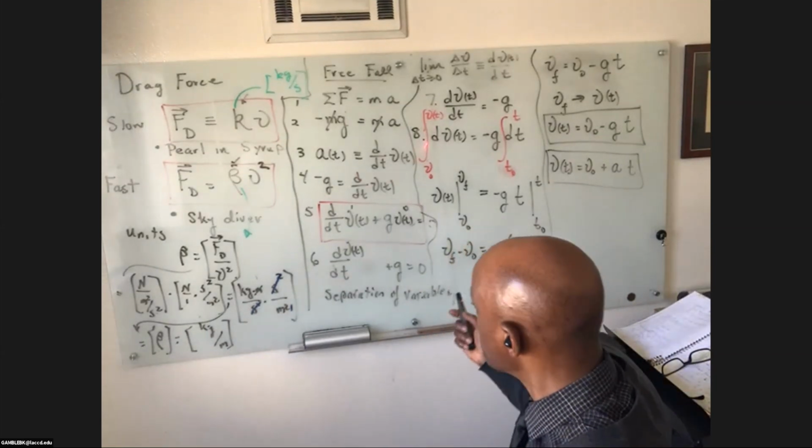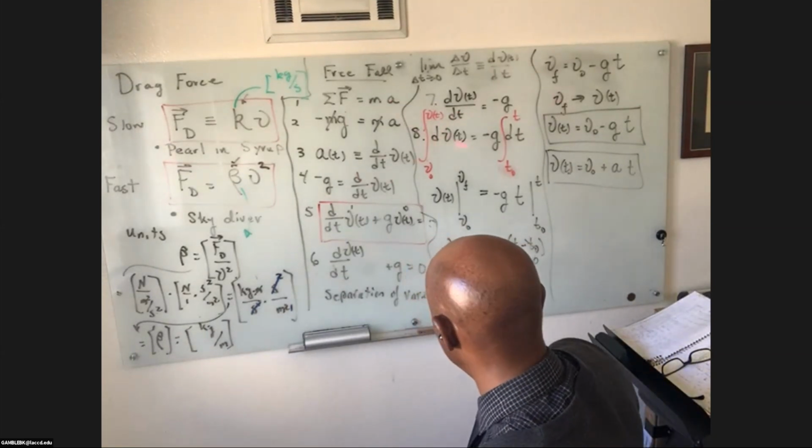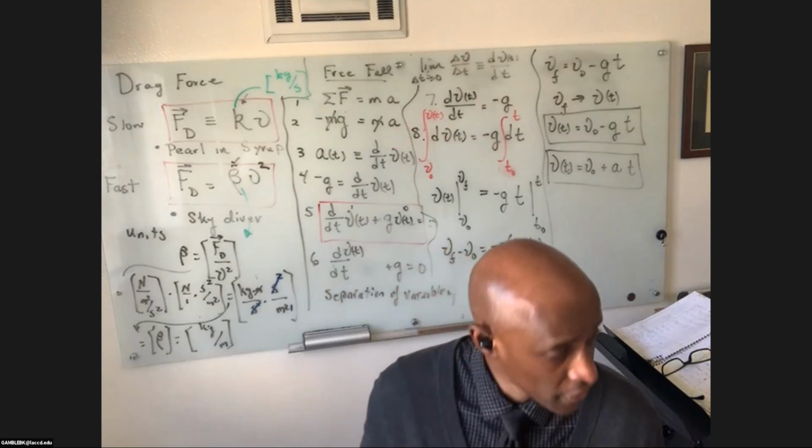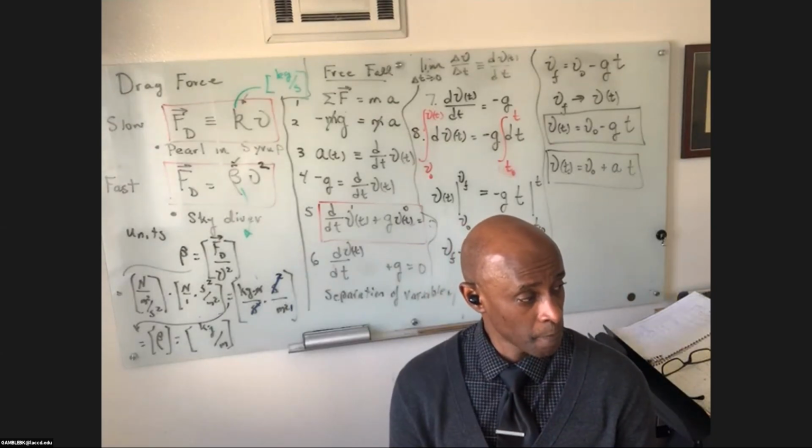For free fall motion, the acceleration is constant. It's just g, right? Was that Abdul talking? Yeah, that's for me. So for free fall motion, the acceleration is a constant, g.